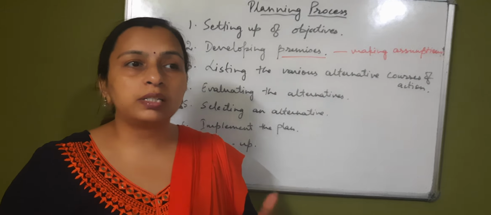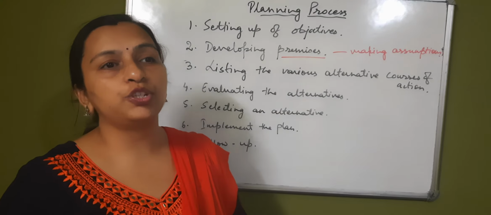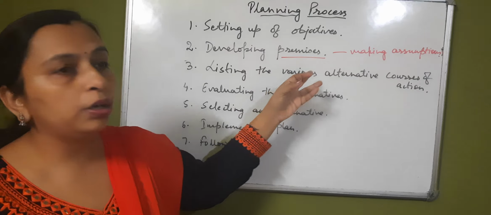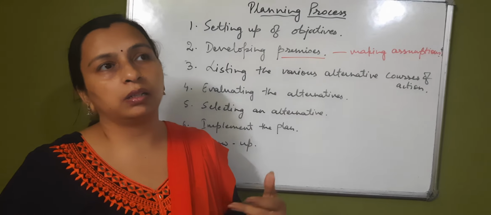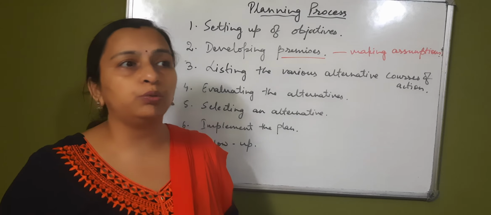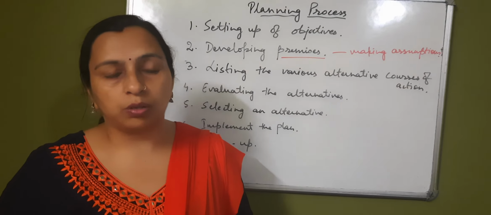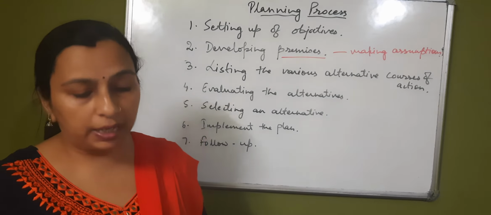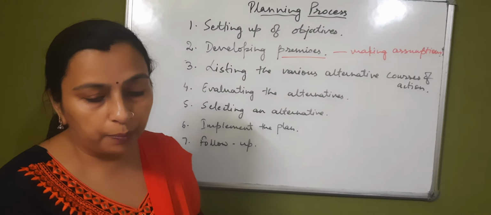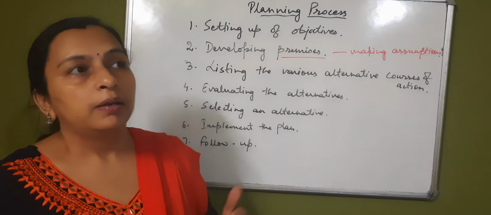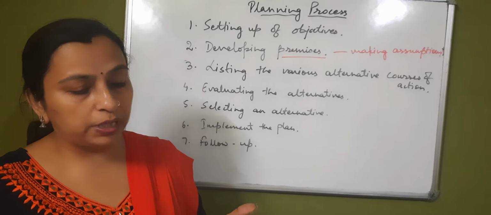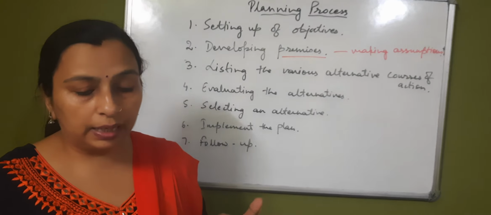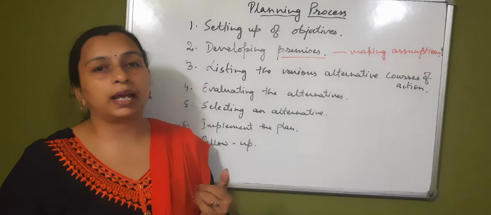So there are alternative courses of action by which you can attain your objective, or you can get your goals. Okay, so like for example, if you want to increase the sales by 10%, there are different methods. First thing is you can increase the sales of your product by adding more lines of product.